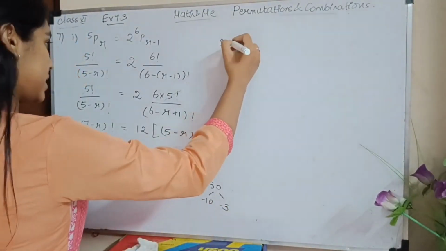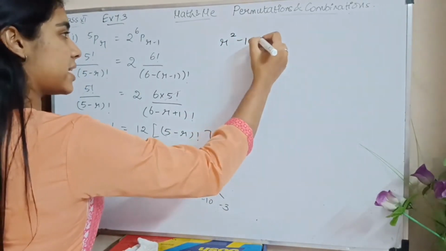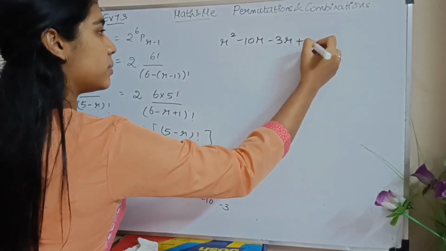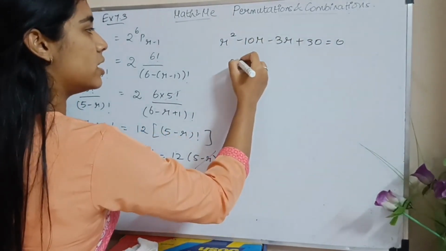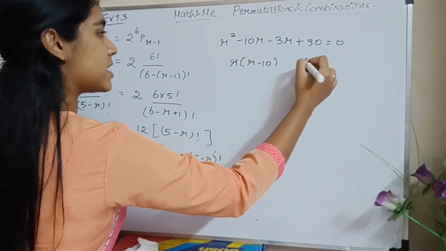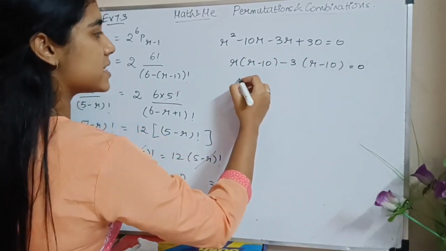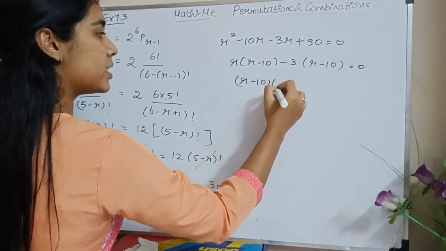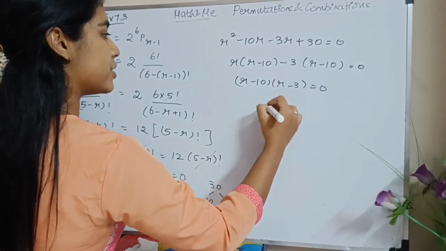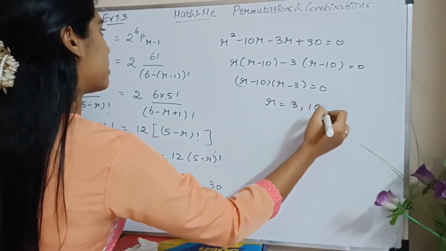So this gives r square minus 10r minus 3r plus 30 equals 0. Taking r common, r times (r minus 10), and minus 3 times (r minus 10), equals 0. So (r minus 10)(r minus 3) equals 0, so r equals 3 comma 10.